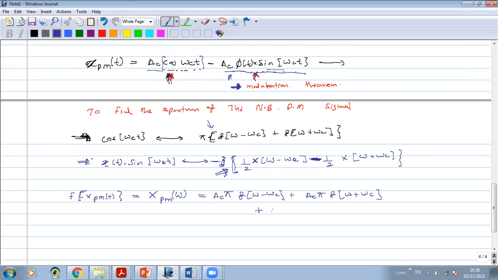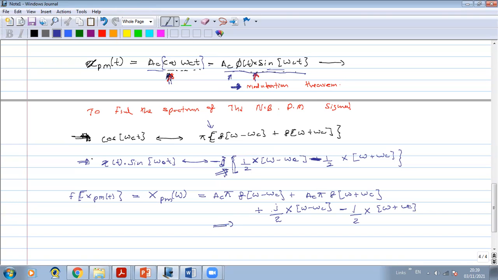Plus j by 2 X(omega minus omega c). Then again here it is minus, so it will be minus j by 2 X(omega plus omega c). So this we have.